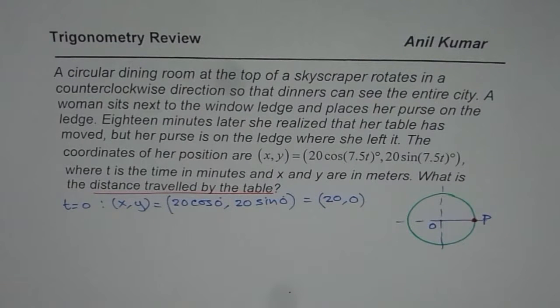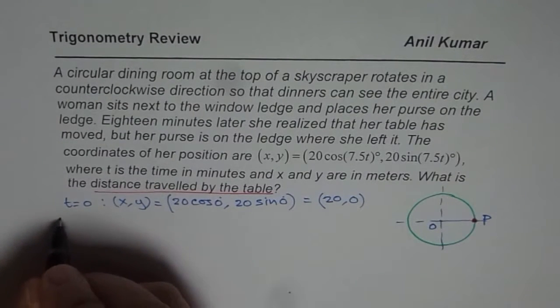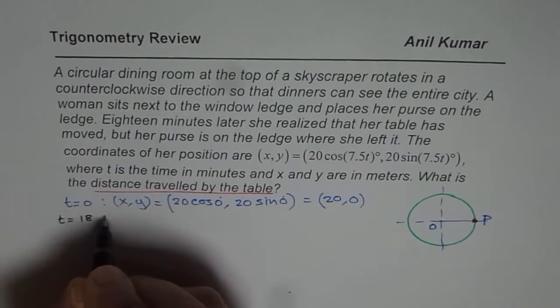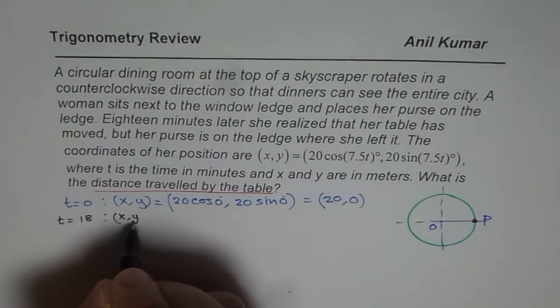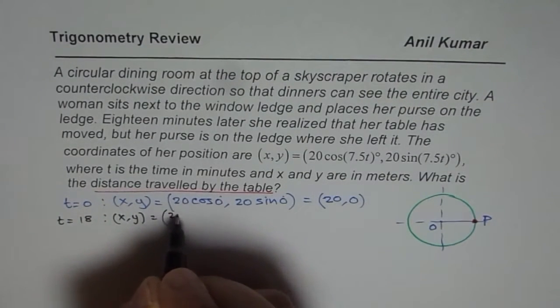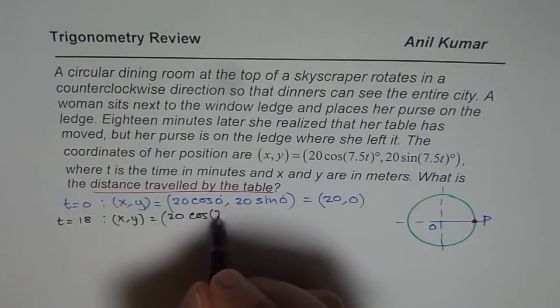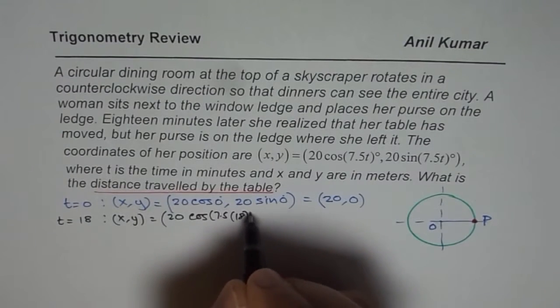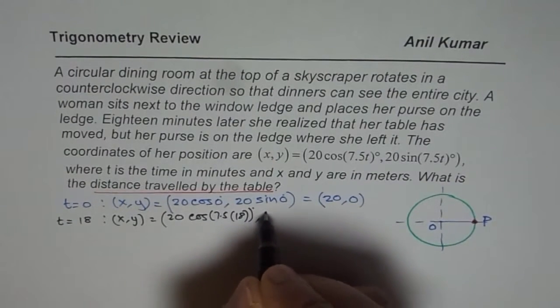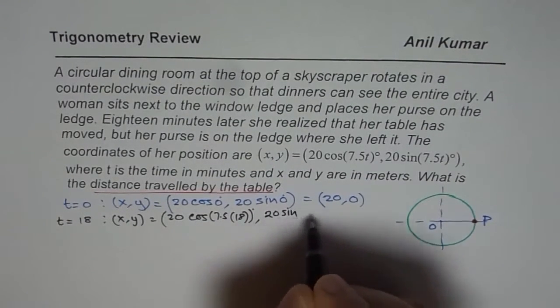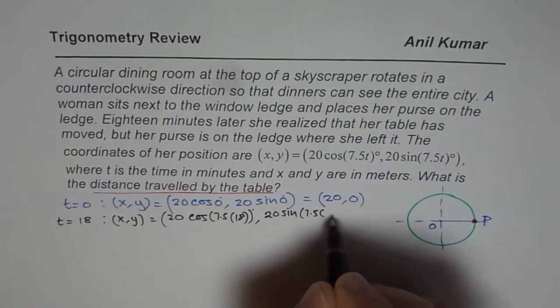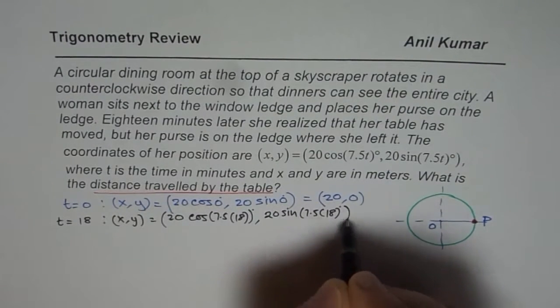Now after 18 minutes, what is the situation? So let us write down t = 18 and find that position. So t = 18 gives (x, y) = (20 cos(7.5 × 18)°, 20 sin(7.5 × 18)°).